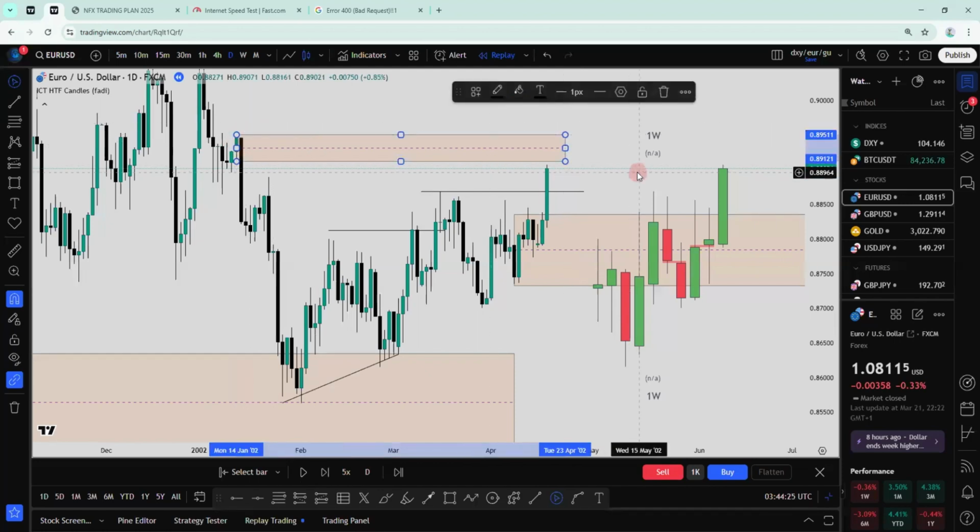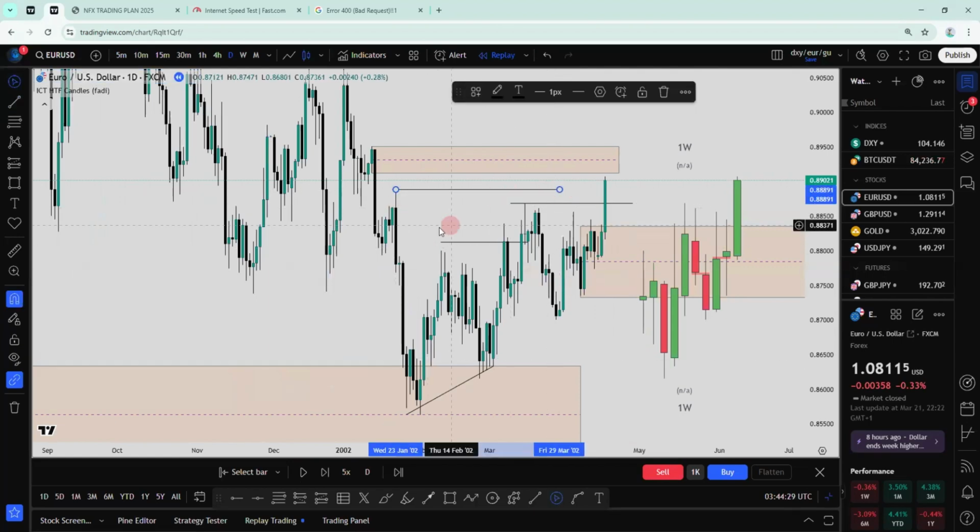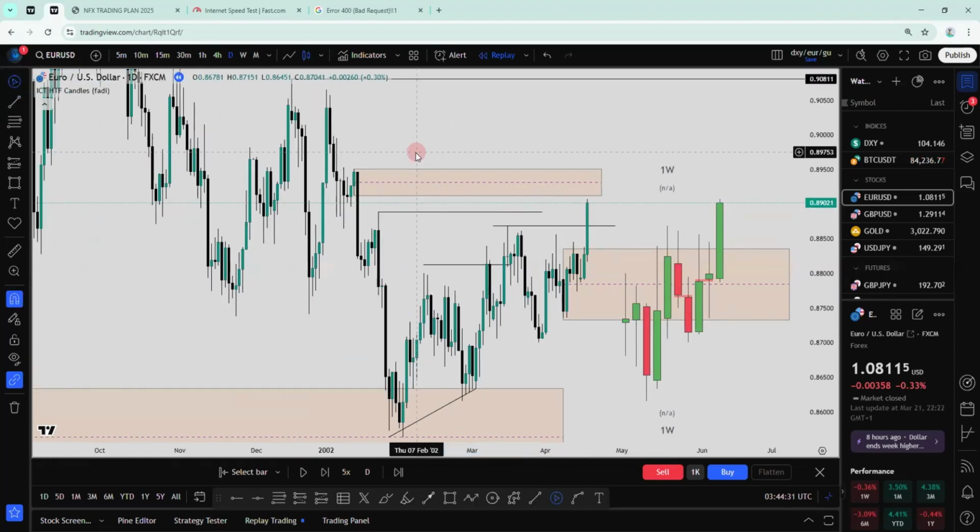I think we mentioned the other time that we can be using this high as inducement into that other block, and if the market goes to the other block, maybe, just maybe, we can be expecting price to give us some little movement from that zone, right?